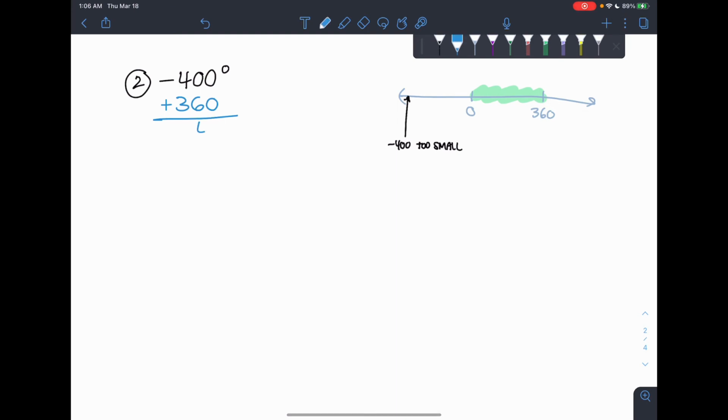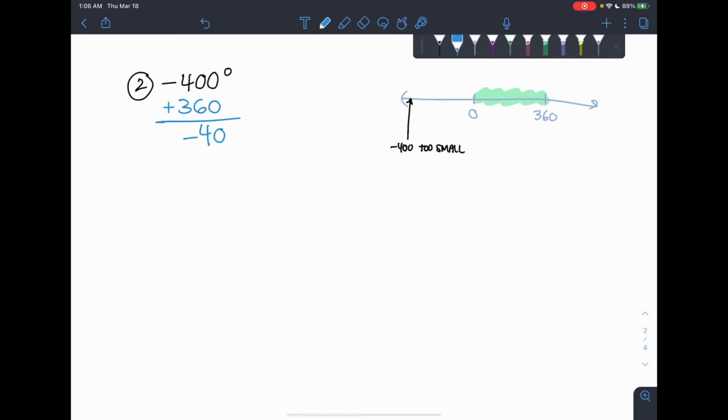And since there's more negatives than there are positives, that means we're left with negative 40. But negative 40 is still a bit too small.